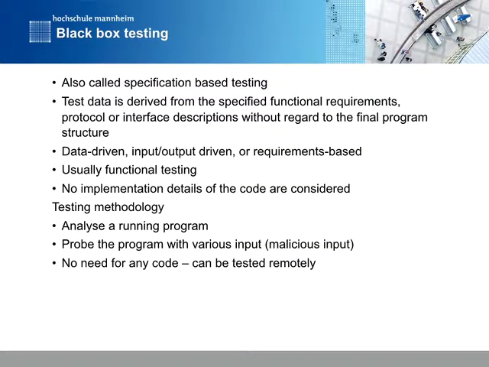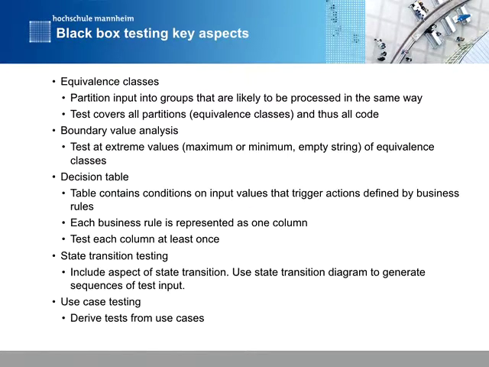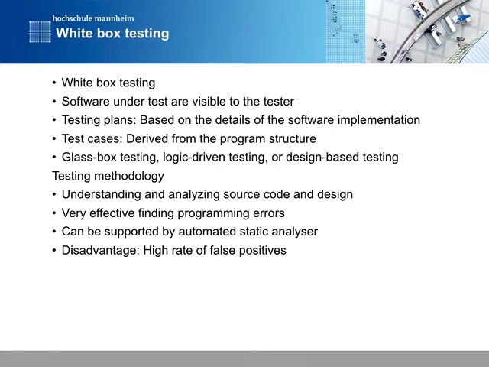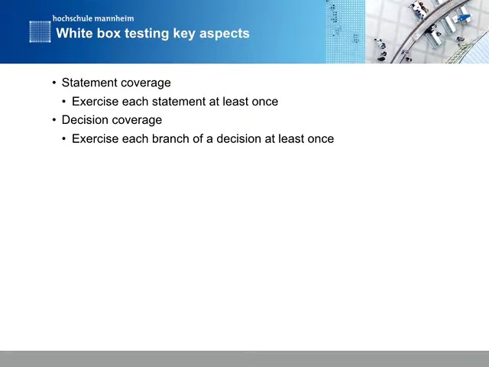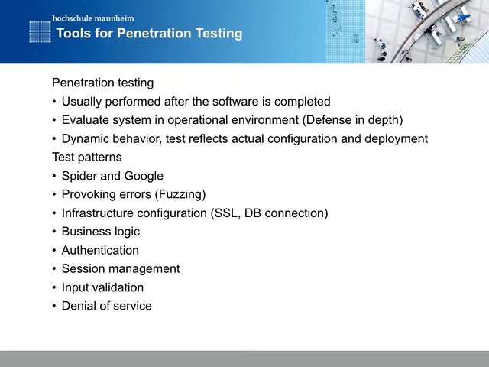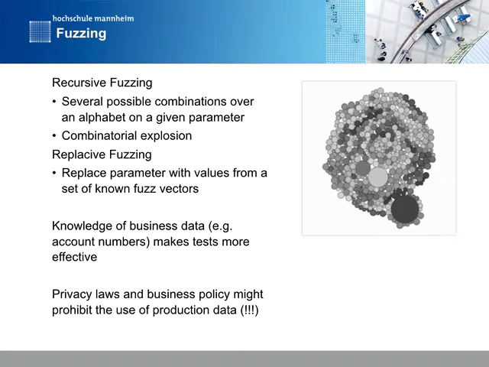So there's black box testing and white box testing. We've spoken about this already. I will skip this; you can read it for more detail. You could use some scanner, that's what we did yesterday, or you do it manually also. And there's fuzzing, which I also spoke about yesterday.